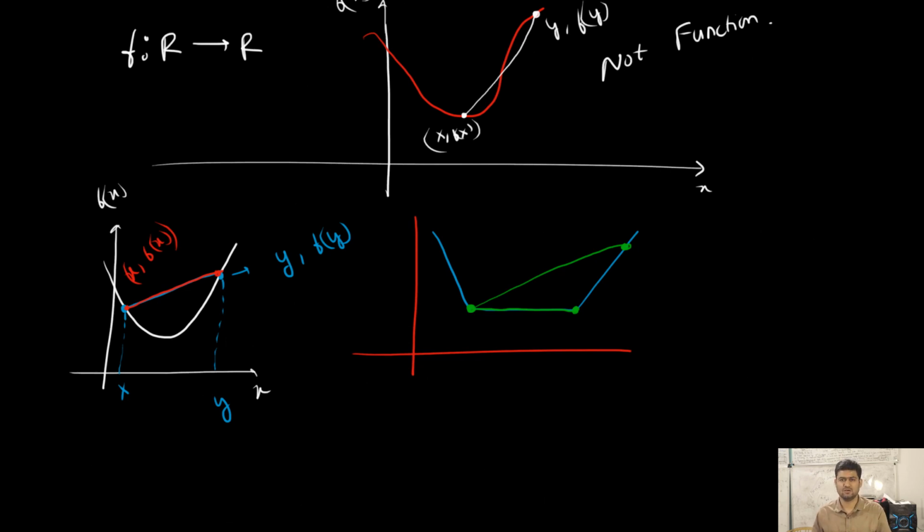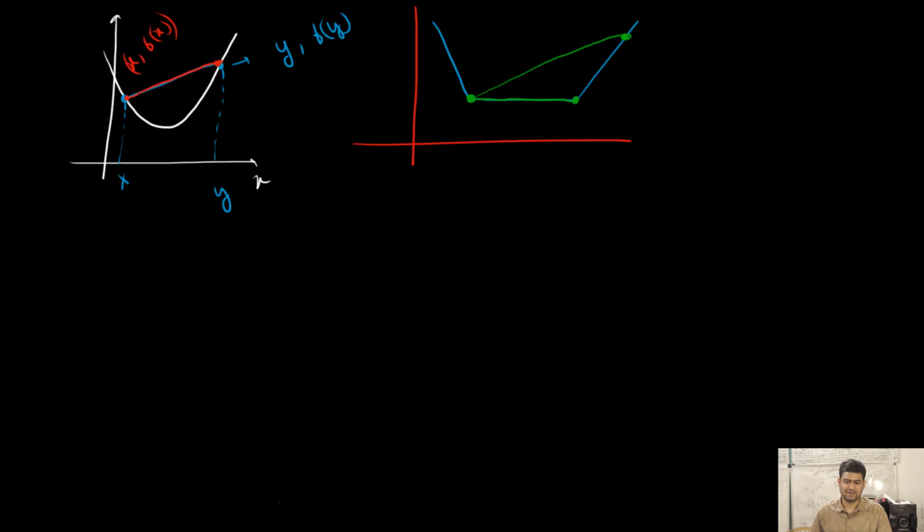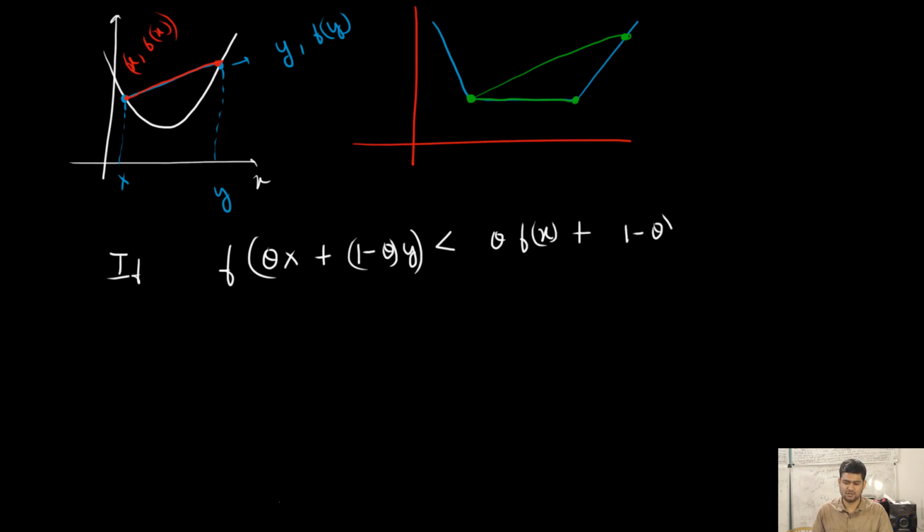And now the natural question is, what is a convex set? But just before stating what a convex set is, f is strictly convex if f satisfies the following condition: f of theta x plus 1 minus theta y is less than theta times f of x plus 1 minus theta times f of y for theta between 0 and 1.